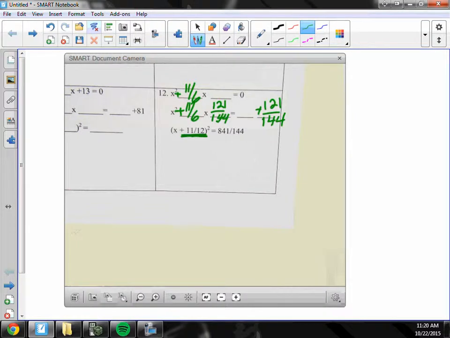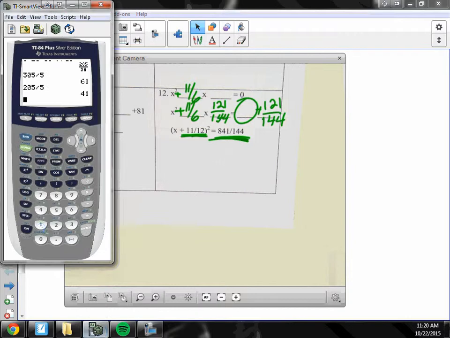If I want to go backwards, just take 841 over 144 and subtract 121 over 144, and it just so happens that the number is 5.